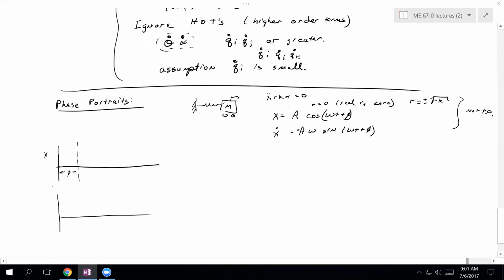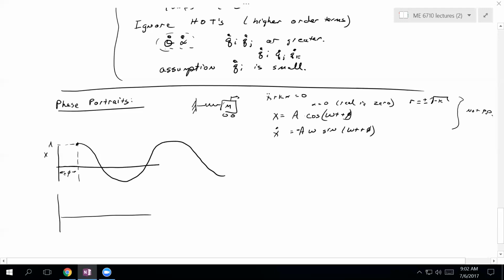When t is 0, maybe that's negative phi, maybe my sign is off. We'll just assume I have some phi. I guess that is a negative phi value where I plug it in, and that's what my response looks like at the 0 point. And so then I just get this response that looks like this.